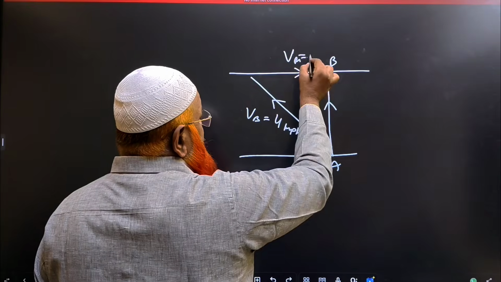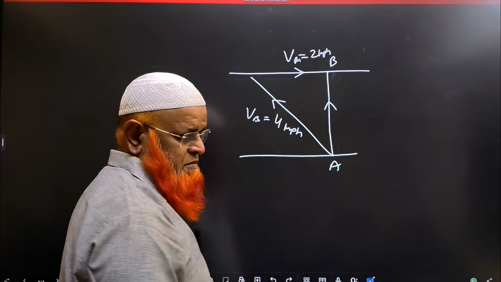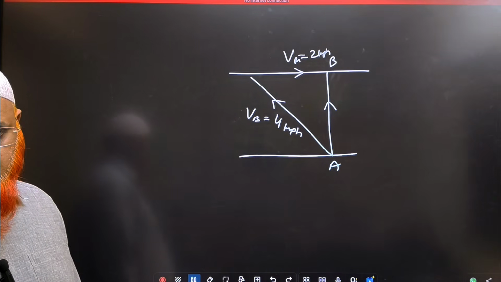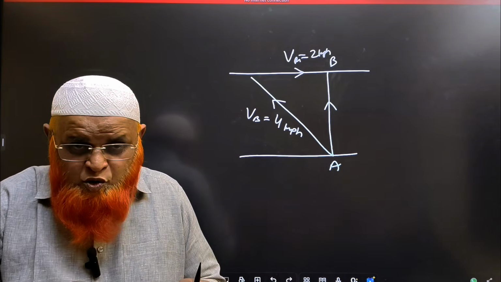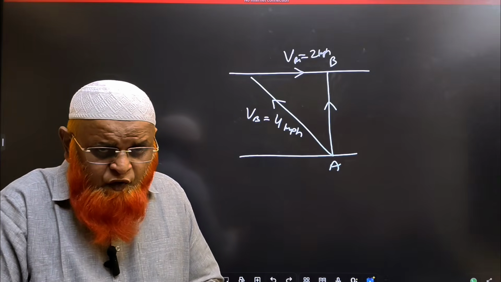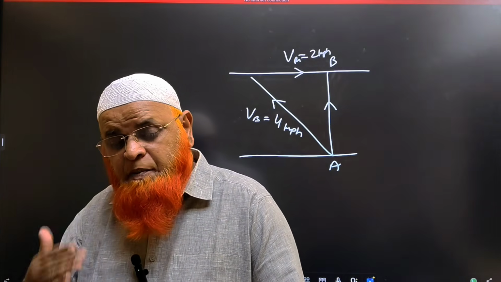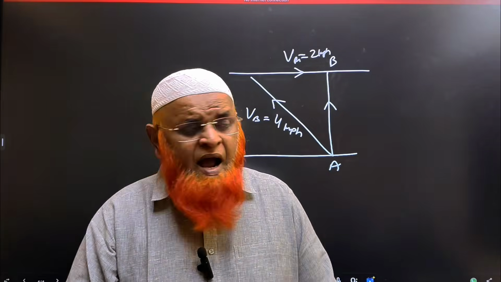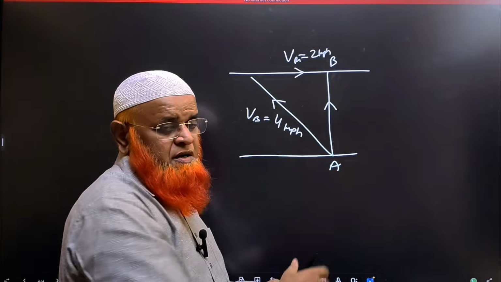And your river speed is how much? It is just 2 kilometers per hour, half of your boat. So the question says like this. If the river is flowing with a speed of 2 kilometers per hour and the actual speed of a boat is 4 kilometers per hour, and your aim is to reach exactly opposite end, then you have to tilt your boat in this direction.